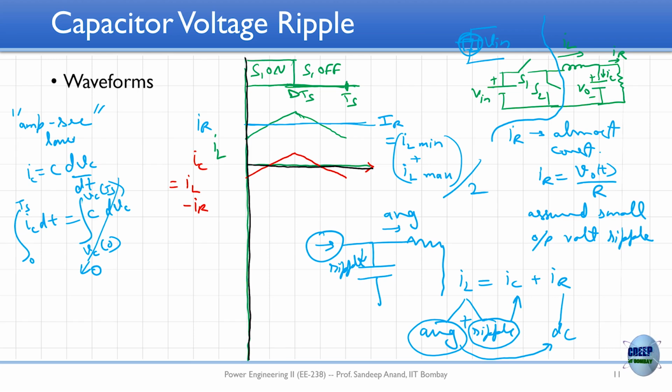Is this okay? Sure. What is the peak value of IC? Let's start again from the back. What is the peak value of IC? What is the expression in terms of the variables we have already defined? Peak value of IC. What is the symbol we have used for that?